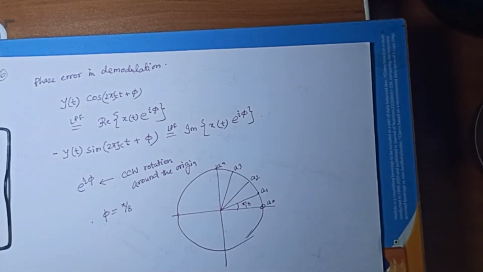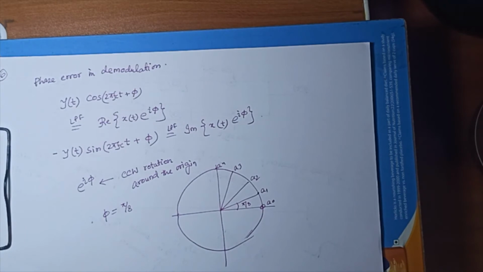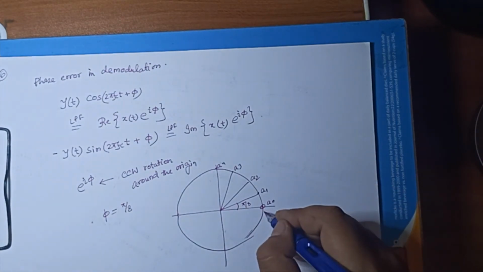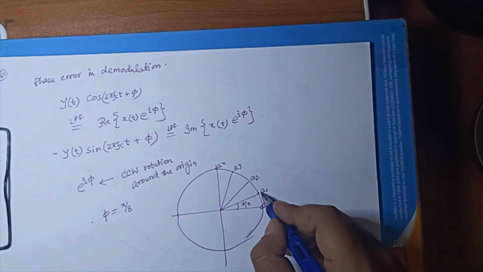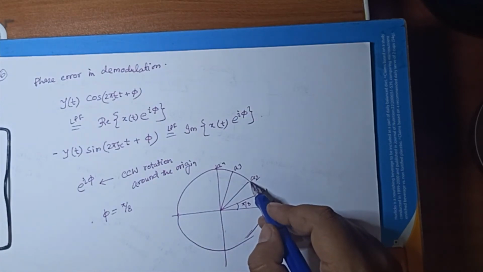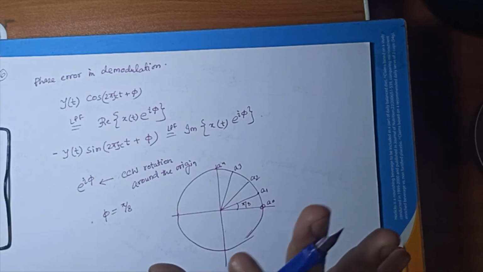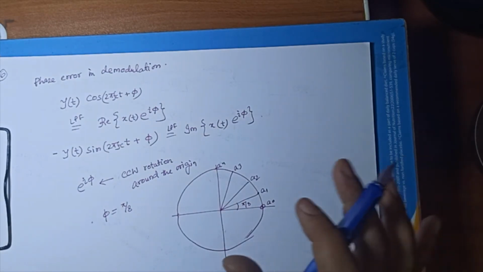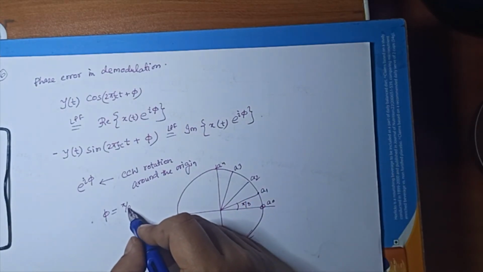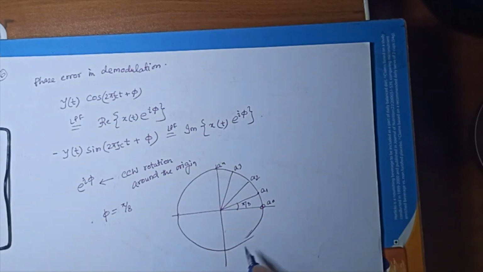Now for every symbol detected, you get a pi by 8 phase shift. So if A0 has been sent, it is received as A1. If A1 has been sent, it is received as A2. If A2 has been sent, you receive it as A3, and so on. So everything is ruined. Even if it is not pi by 8, even if it is small, it can mess it up. So this is for a PSK scheme.